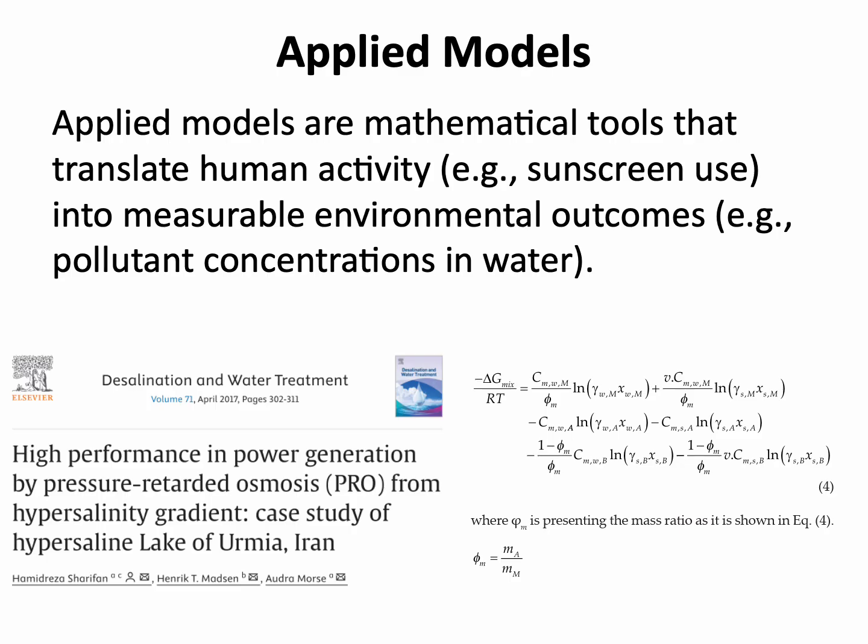Applied models are mathematical tools. This is the one that I used for the last three papers, a very basic numerical model that translates human activity, like sunscreen use, into measurable environmental outcomes, which in this case I considered water pollution, soil pollution, and impact on the marine environment.